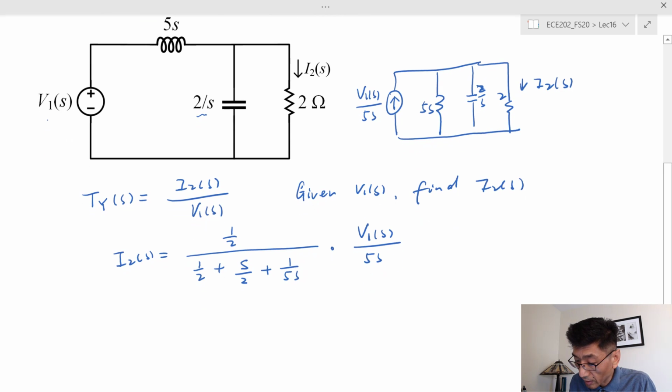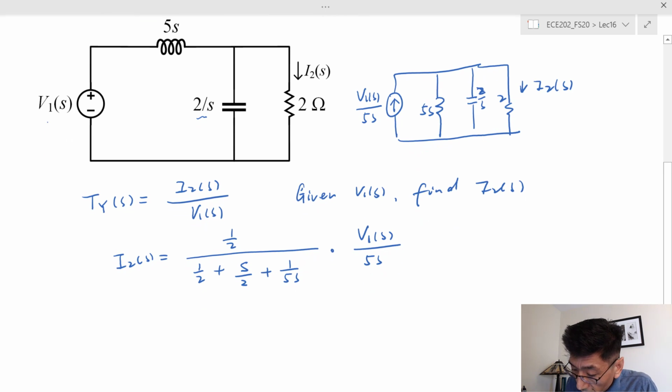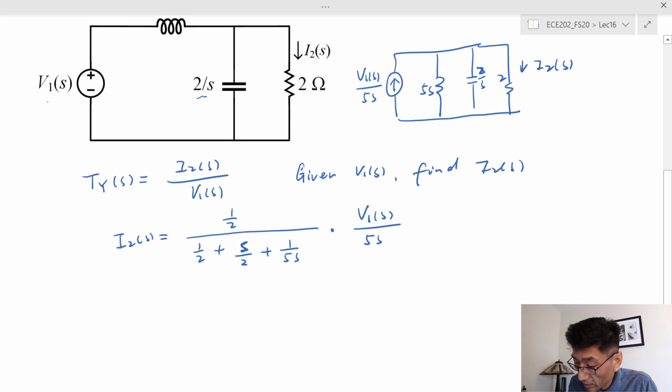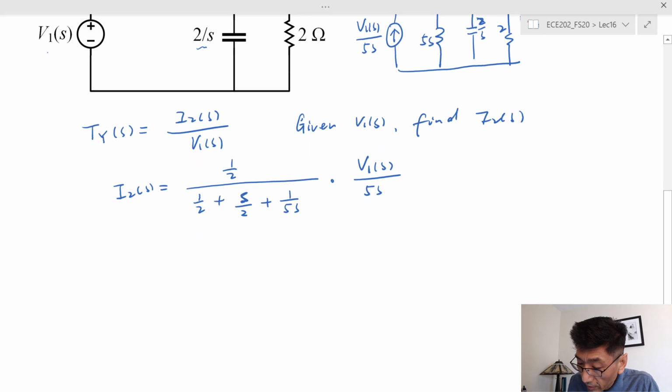So that's the current division. I hope that's correct. Let's see if we work out the math.